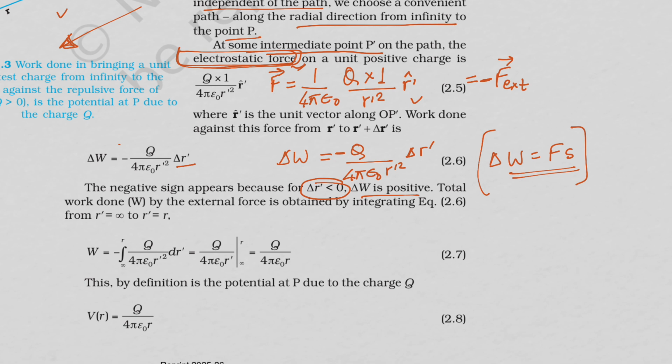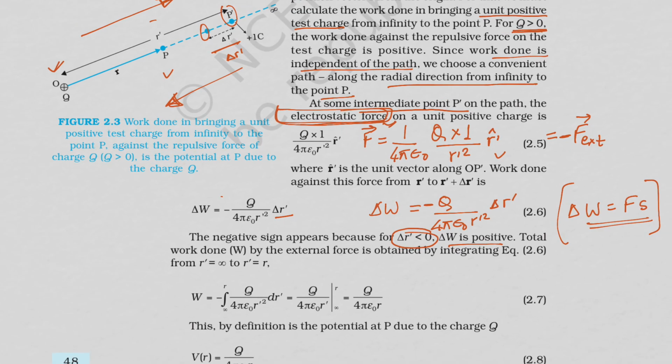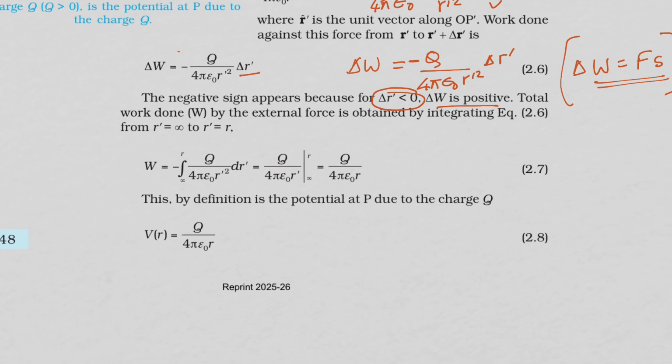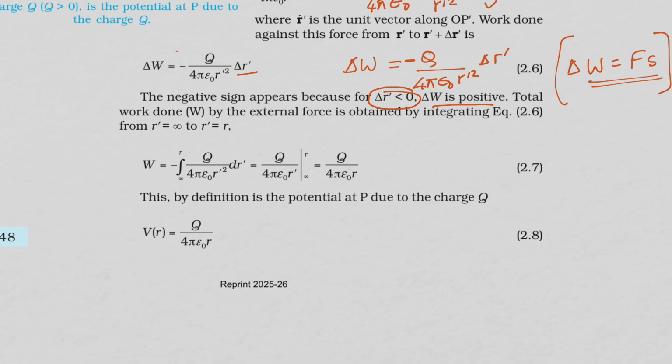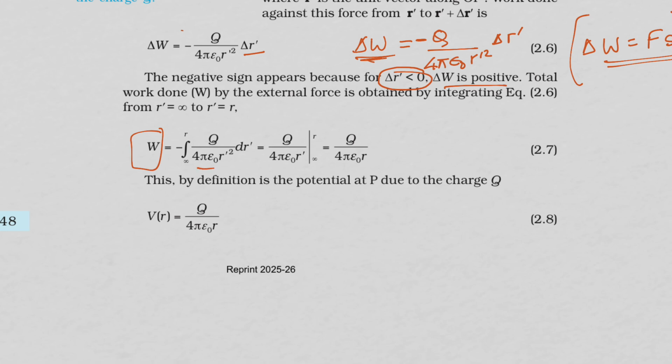Now this is the work done to bring the charge from P dash to a small distance delta R. All right, but what is the total work done? So total work done is actually integrating this quantity delta W, which is minus Q by 4 pi epsilon naught R dash square, and then the differential element dr, which delta R we talked about.